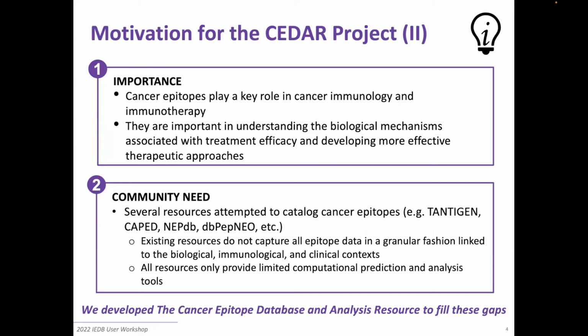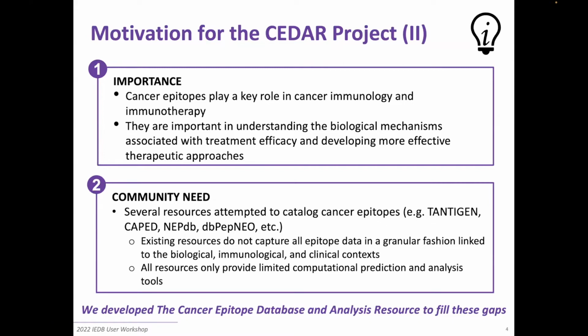And also important in understanding really the complex interplay between the host and the development or prevention of progression of the cancer pathology. There are some existing resources that list epitopes or antigens, but they do not capture the information with the same level of granularity with experiment and clinical context and so forth.